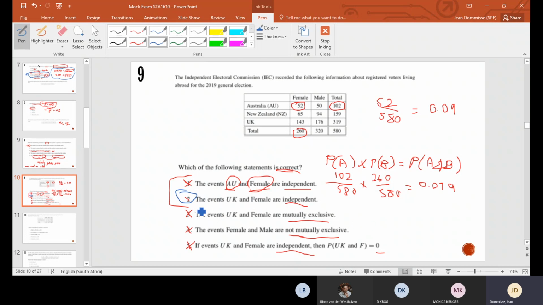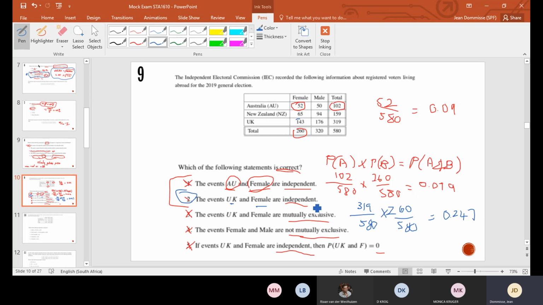Here we need to say the probability of the UK. So it is 319 divided by 580, and also still female, so times 260 divided by 580, and that will give us 0.247.